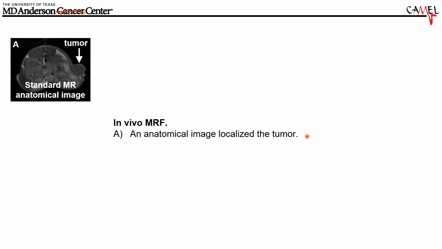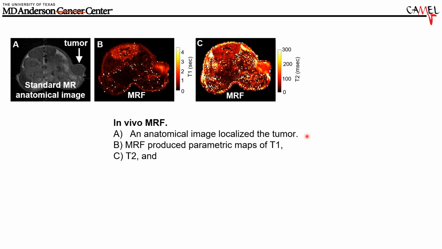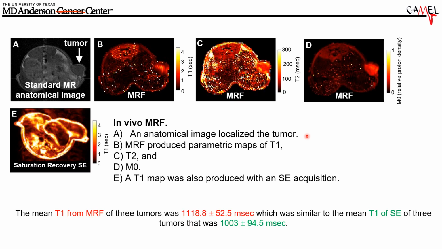Here's one example of an anatomical image localized with standard RARE imaging. Then we do MRF to produce parametric maps of T1, T2, and M0, and then compare with the saturation recovery method. And we see that the average T1 from MR fingerprinting in this tumor is 1100 milliseconds with a pretty good standard deviation that includes both the engineering and the biological deviation of those pixels in the tumor.